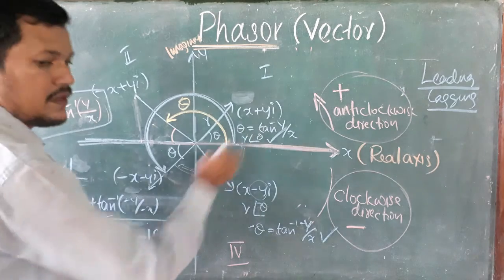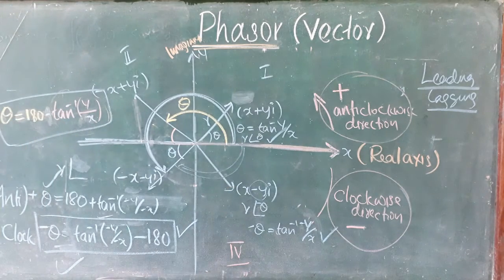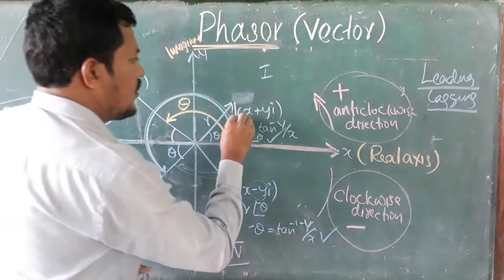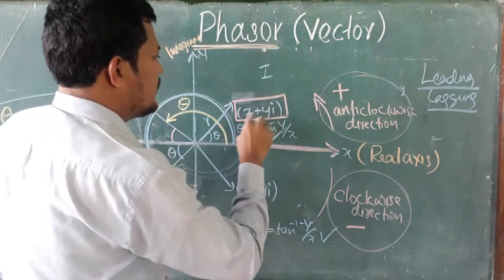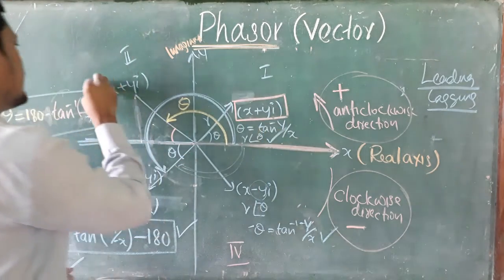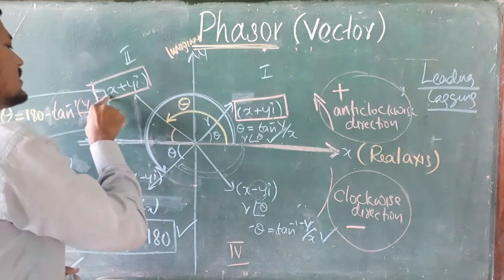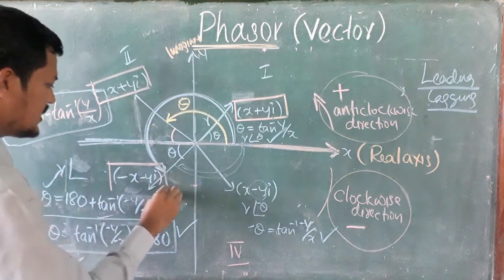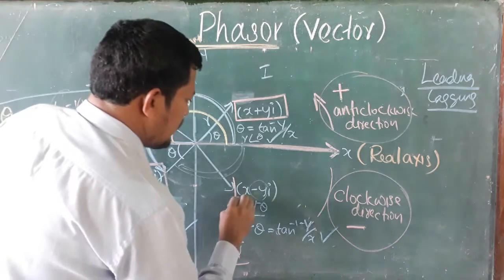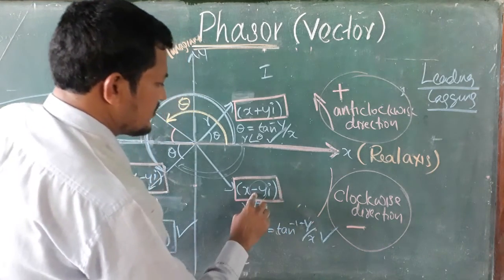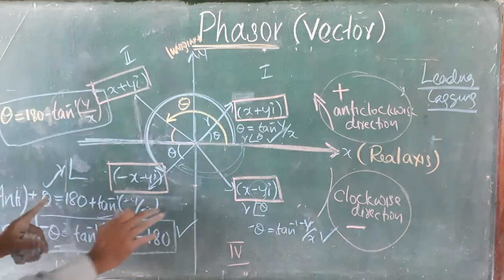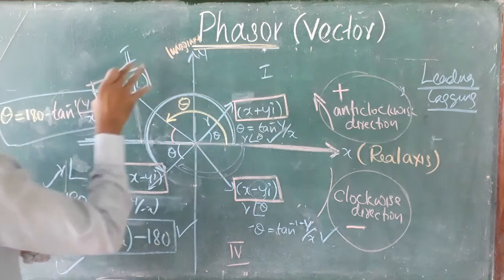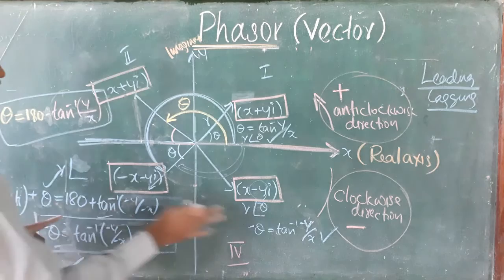Looking at the value of the rectangular coordinates, we should know what the angle is. Minus real part, positive imaginary part: what is the angle? Here also, minus minus, what is the answer? Here also, positive and minus. Clear? We should know what angle comes here, here, here and here.